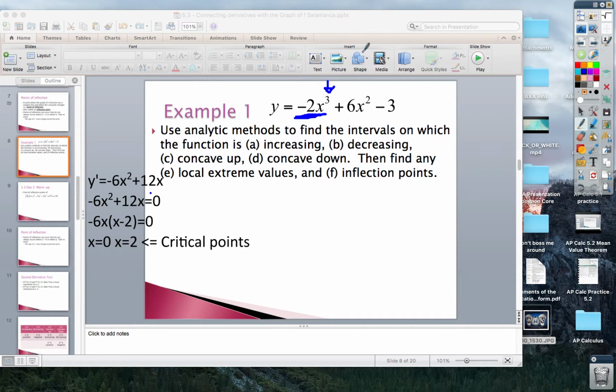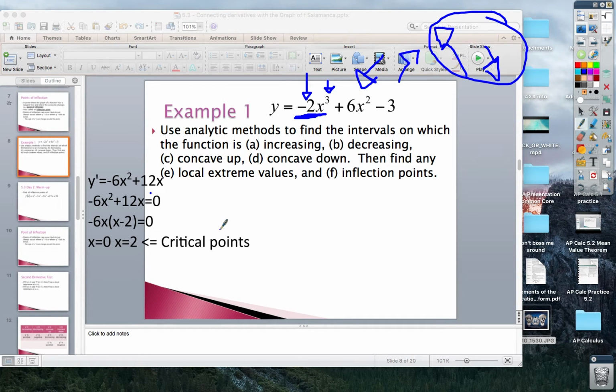Now odd graphs either end like this or like this using their end behavior. This tells us what the left side and the right side are going to look like. Next thing we do is we look at the lead coefficient. Since this is a negative, that means it's going to be going downwards at the end. So this is what the graph should look like at its ends.